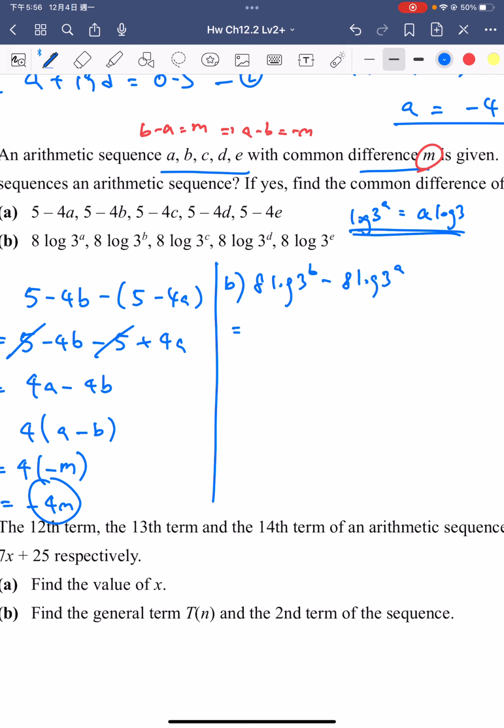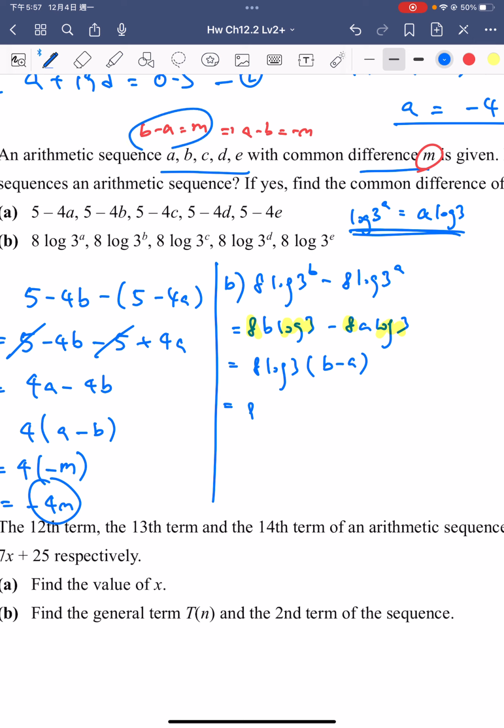We can use the log properties to take out the b, so it becomes 8b log 3 minus 8a log 3. Then 8 log 3 is a common factor, so we can take it out, and we have b minus a. And b minus a, as we said, is equal to m.